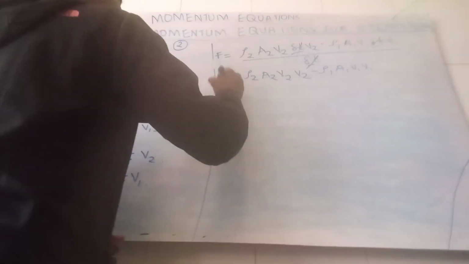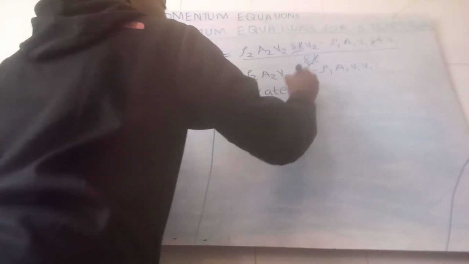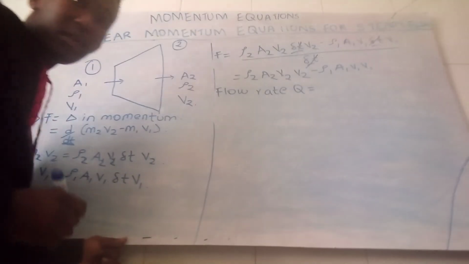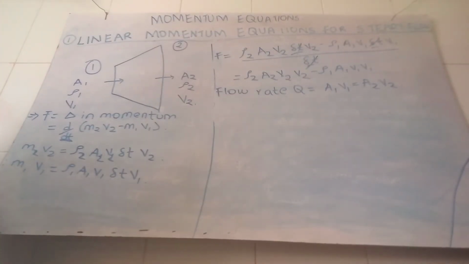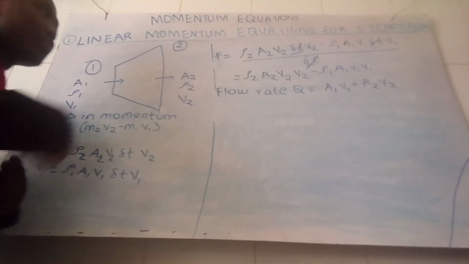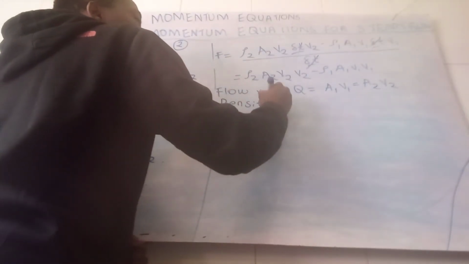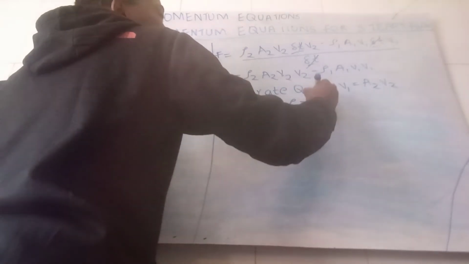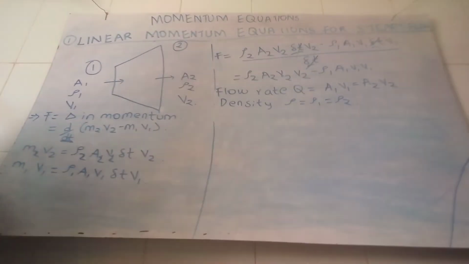So our flow rate Q is given by A1 V1, which is equal to A2 V2. Also, the same fluid is at point 1 and at point 2, so the density rho at point 1 and point 2 is the same.